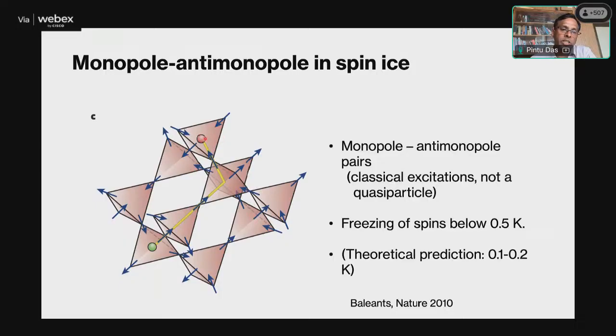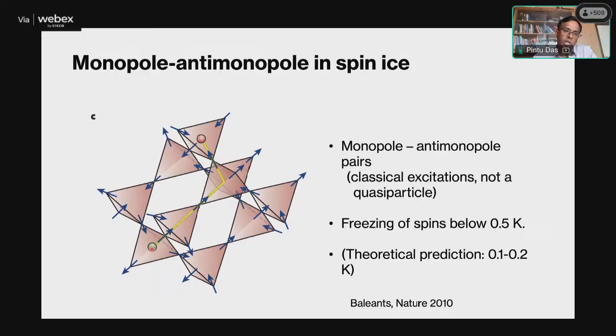If you calculate, this is of opposite charge to this one, and that's why we call it a monopole, anti-monopole pair. Monopole, because this is a magnetic charge here, and in analogy to an electric charge, there will be a diverging field. So it's a kind of emergent magnetic monopole. These are classical excitations.